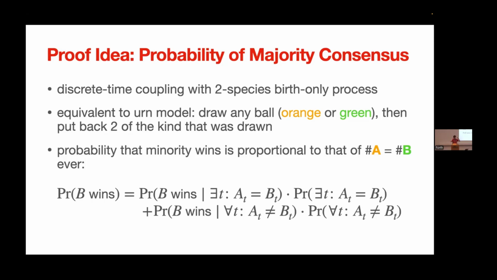So if you're only thinking about the births, you can think of it like you have some orange balls and green balls in an urn, you cannot know what is what, but you grab one, you look at it, and whatever the color is, you take a second one and put it back. That means you're uniformly sampling, and whatever color you get, you put one more of that. You're amplifying this.